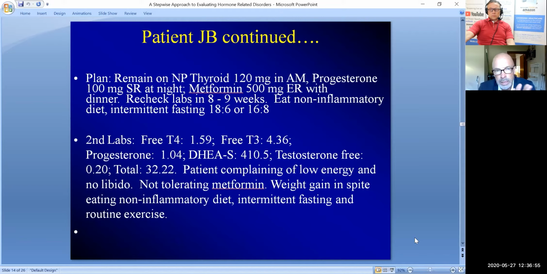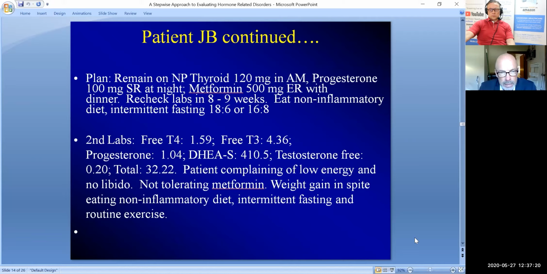Also talked to her about eating a non-inflammatory diet, intermittent fasting, 18-6 or 16-8, and that's based on a lot of Dr. Jason Fung's work out of Toronto, Canada. And this gal actually was already up to date and really well ahead of the curve in terms of knowing about non-inflammatory foods and intermittent fasting.